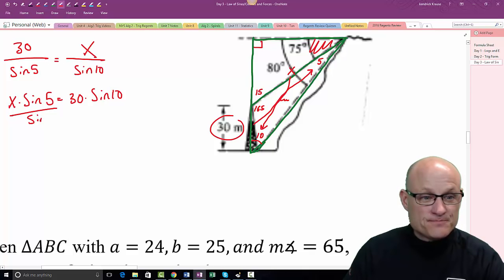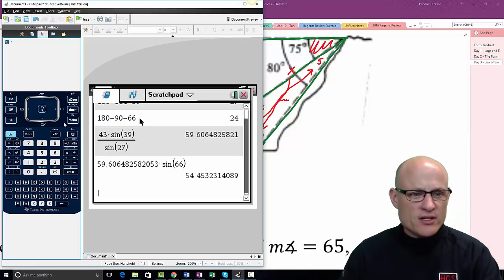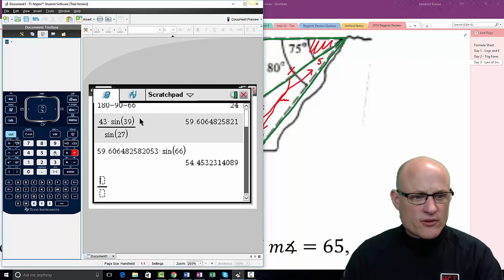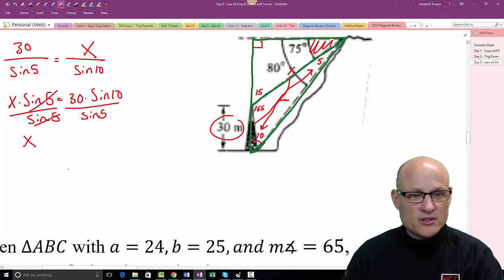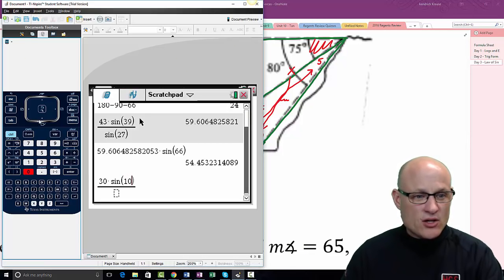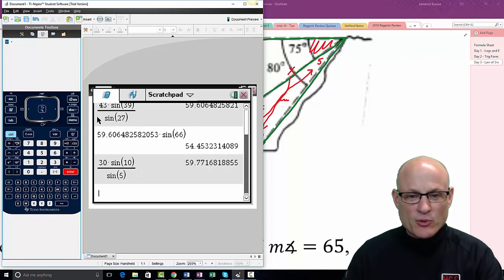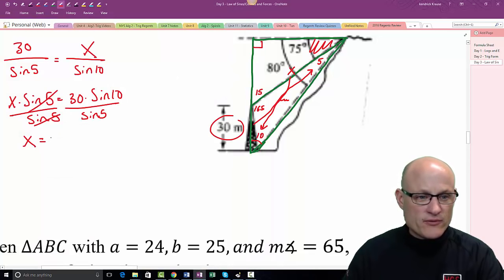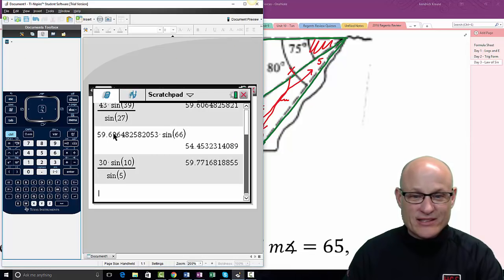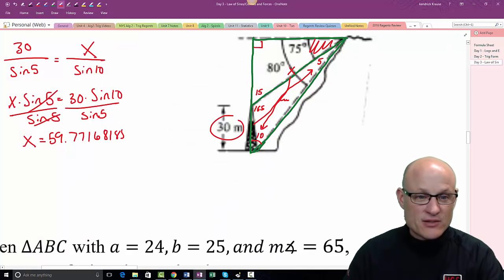Divide by the sine of 5. And I get x equals, so control division, 30 times the sine of 10 all over the sine of 5. 59.77168. I say always at least 6 decimals, 188. Something to that effect.